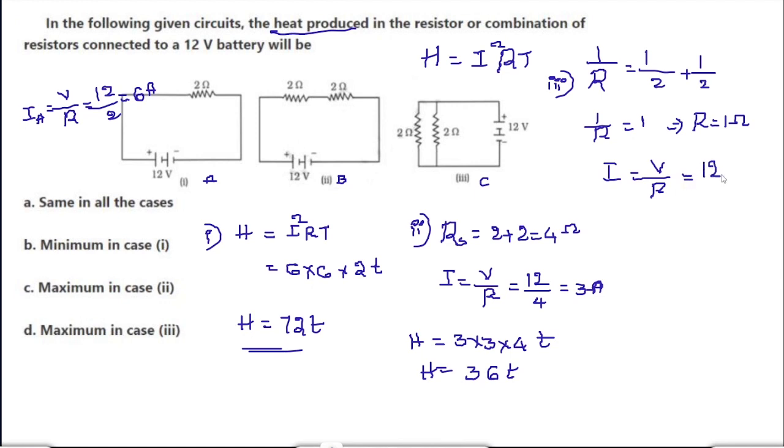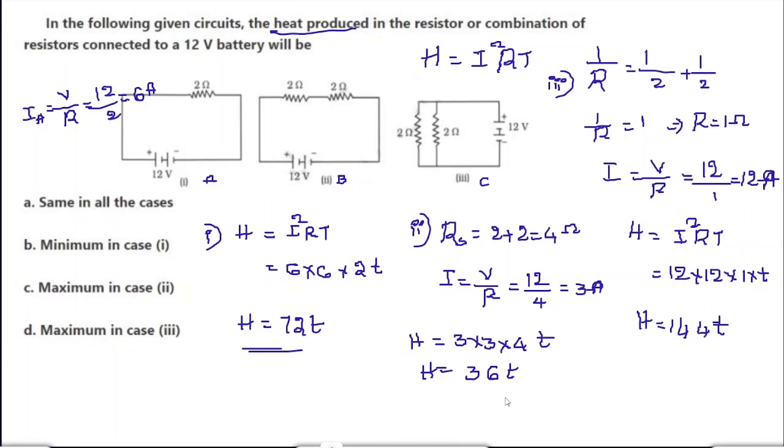V is 12 and R is 1, so the current is 12 amperes. Now what about H? H is equal to I square R T. So I square is 12 into 12 and R is 1, into T. So 12 twelves are 144. H is equal to 144 T.